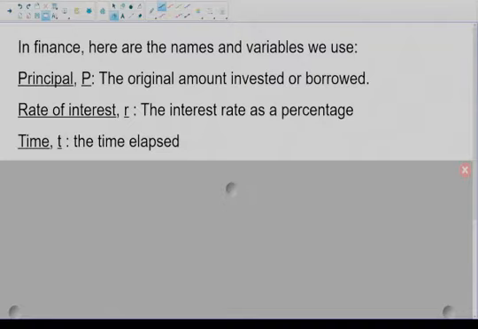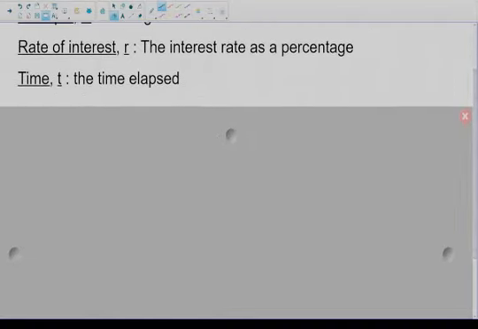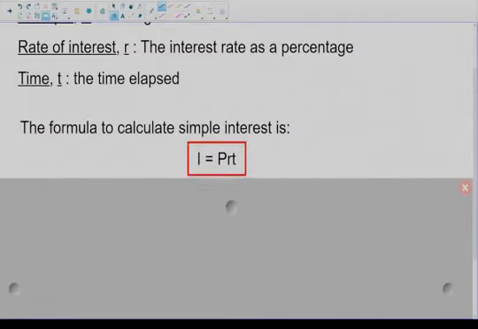So what are the formulas that we're going to need to use for finance? Well, here's the formula to calculate the interest. That's an I. I'm actually going to fill that in because I know it might look like a 1 or an L. Couldn't get that style of I to show up. Interest is equal to the principal times the rate times the time.